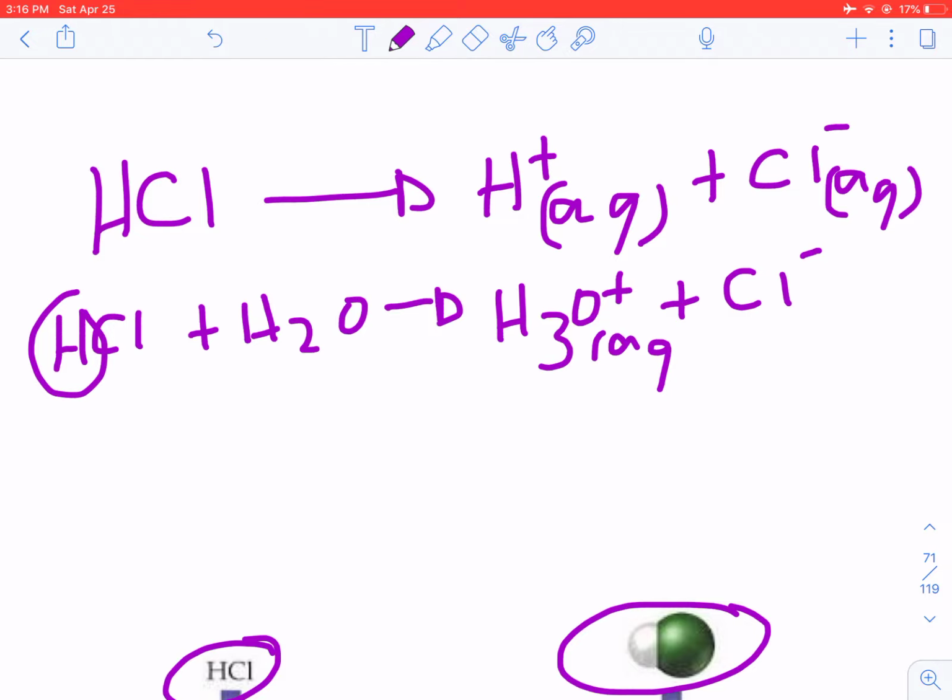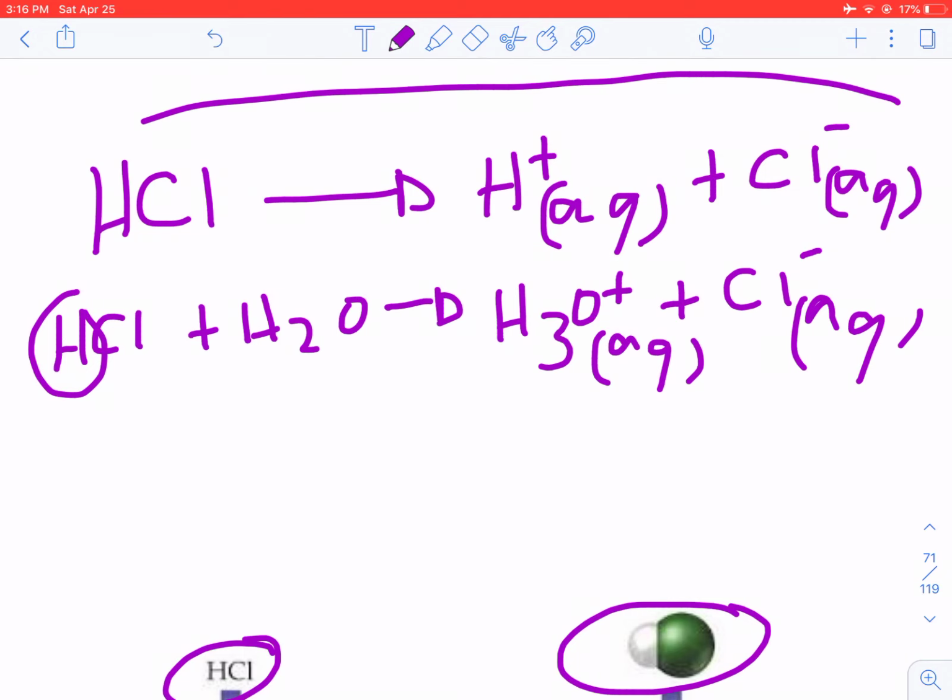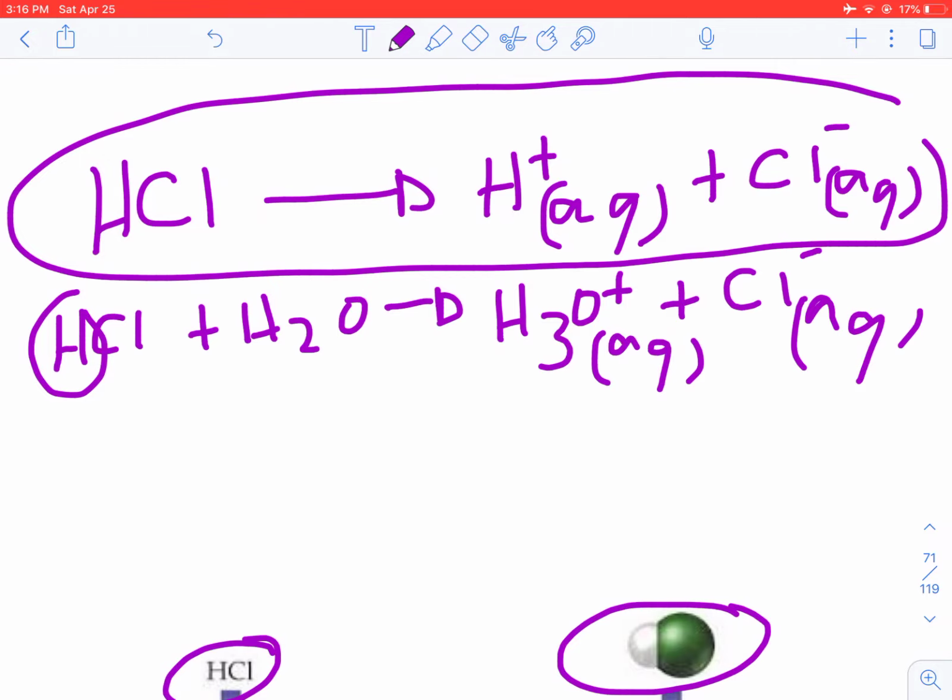So that's aqueous and that's aqueous. For our purposes, we are only going to look at this when it's in water. Okay? In the subsequent grade, we'll look at HCl and how it reacts with water to give us hydronium ions.